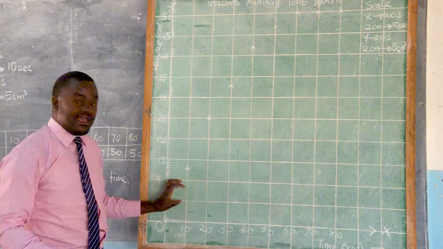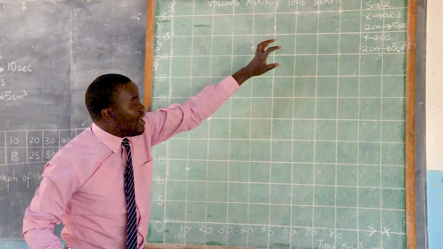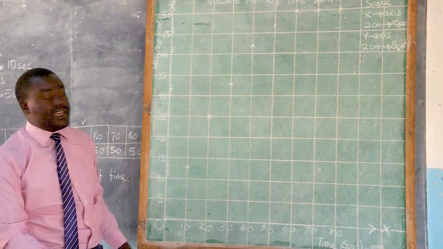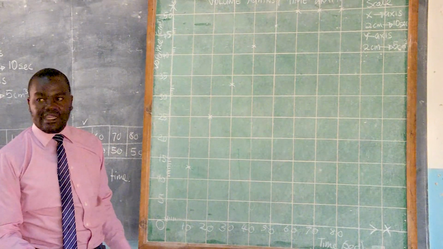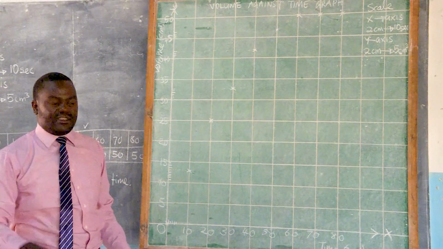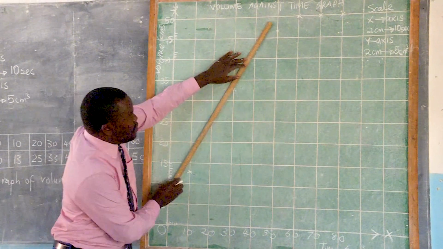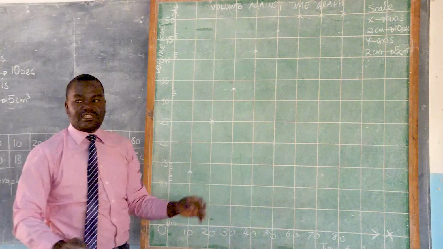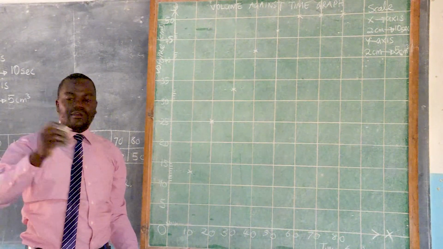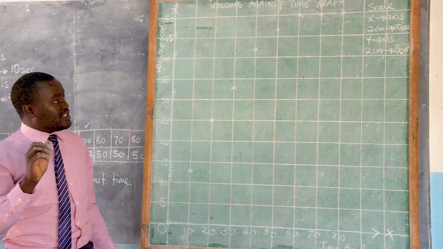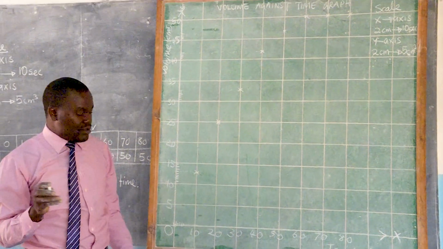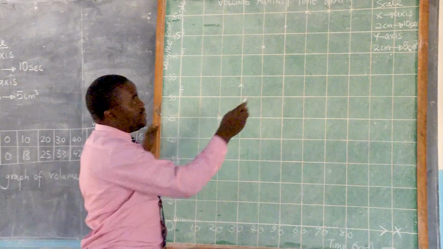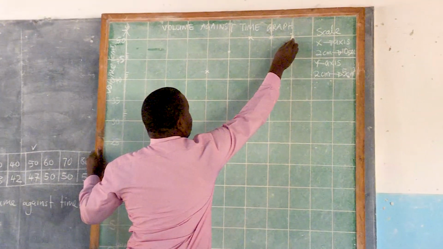The last thing that we're supposed to do now is to join these coordinates carefully. You are going to use your free hand. You don't have to use a ruler to join these points. You just use your free hand, and you must use a sharp pencil. So I'm starting with this one.